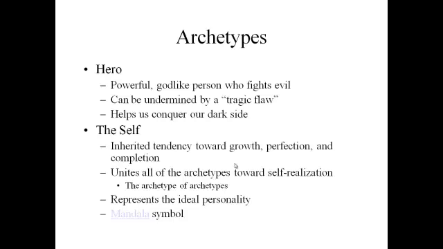Finally, the last archetype is the archetype of all archetypes. This is the self. This is where the person achieves the balance. And this is where we are all moving toward, balancing all of those opposing forces, balancing all of the different archetypes. This is when you're developing your true realized self.